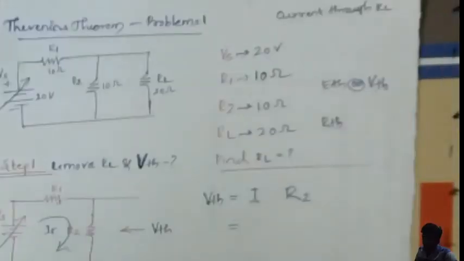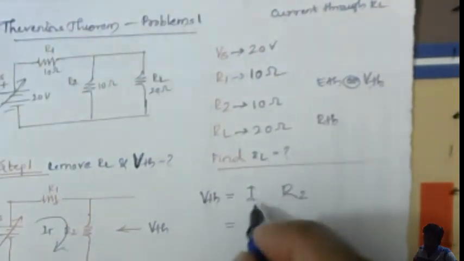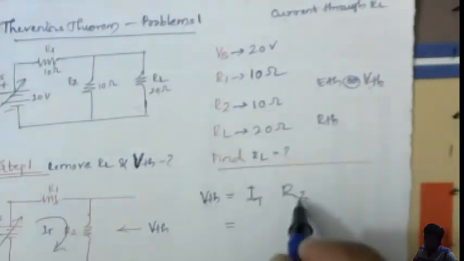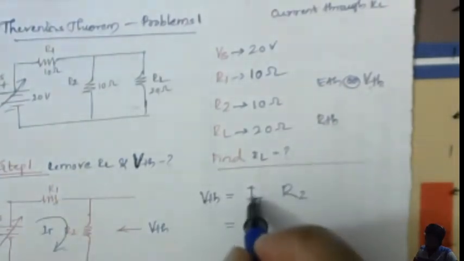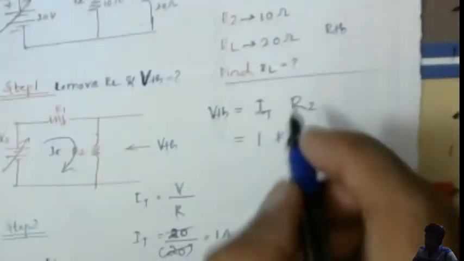Now you can easily find out VTH by using Ohm's law formula I into R. I means IT, R means R2. The IT value is 1, the R2 value is 10.